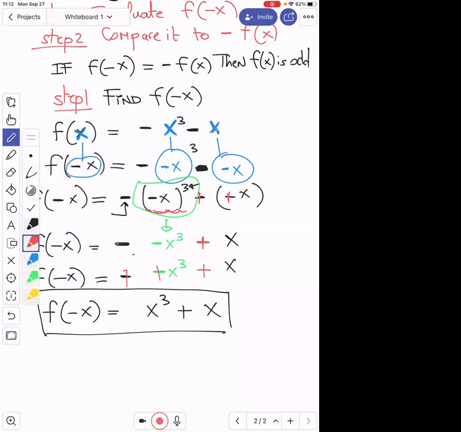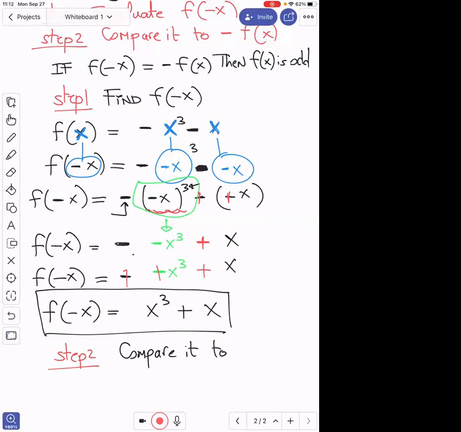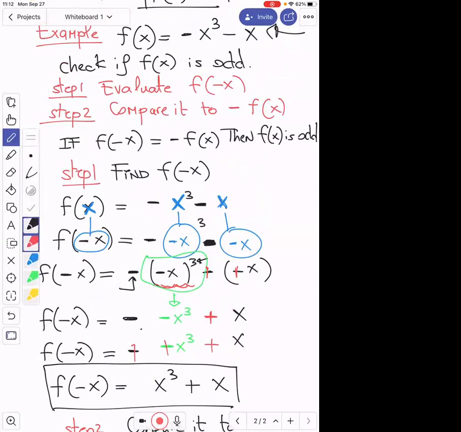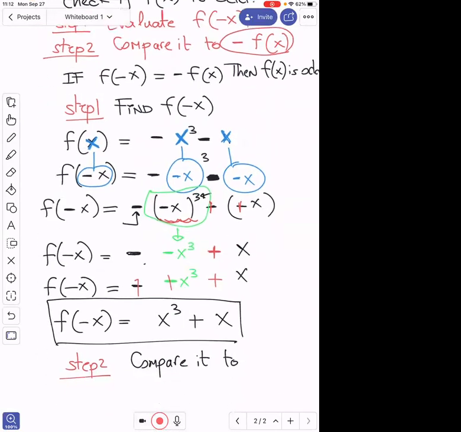Now second step. Number 2. I'm gonna compare the answer from step 1 to, not the original, but as we said right here, we have to compare it to minus f of x, the opposite of the original function.